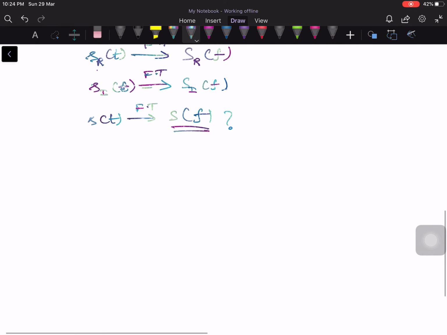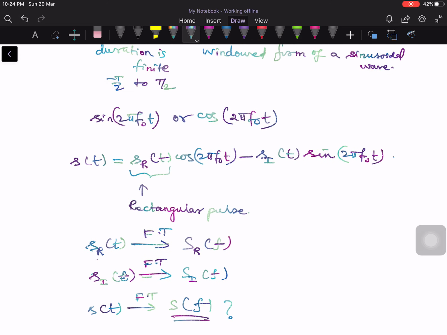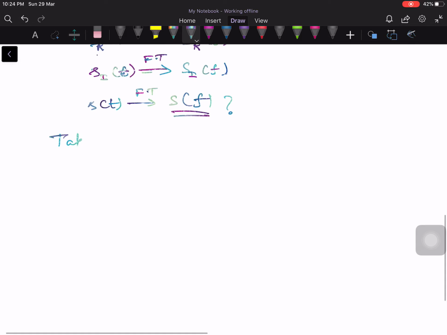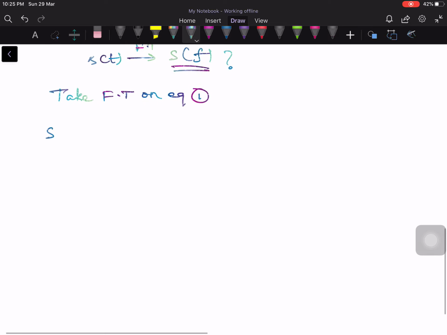You take the Fourier transform term by term from this equation, let's say equation number 1.